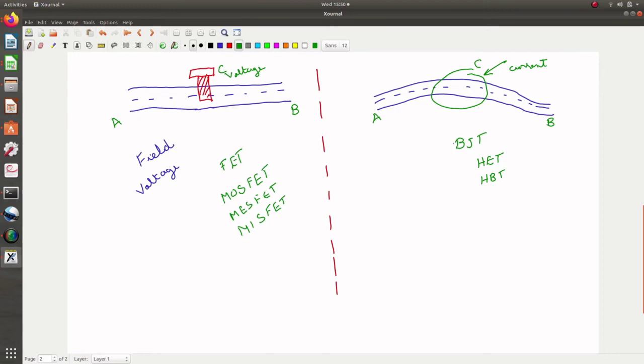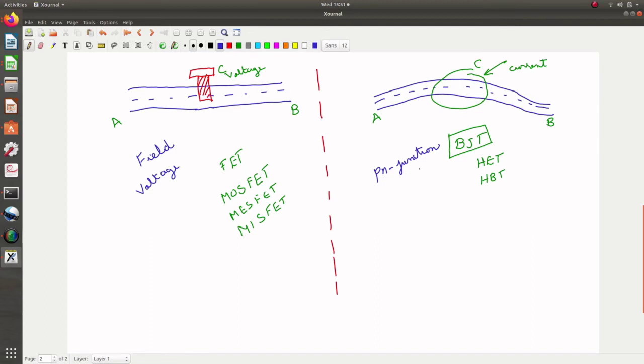We will be starting our discussion on transistors by analyzing the BJT first. Why? Because it is closer to the discussion that we had on the PN junction.